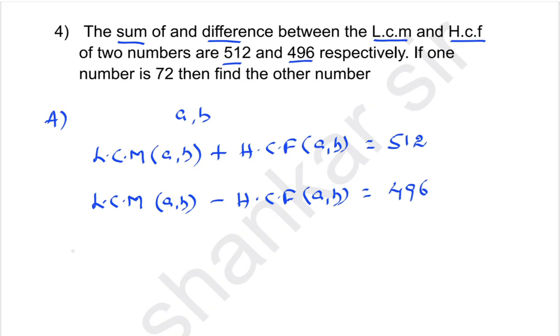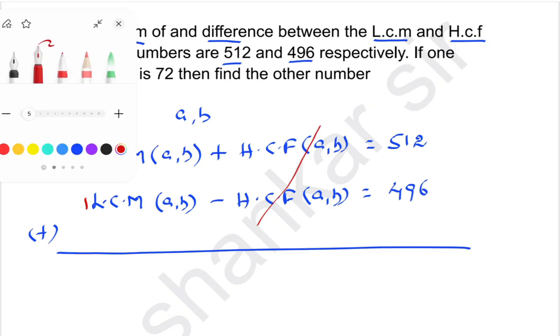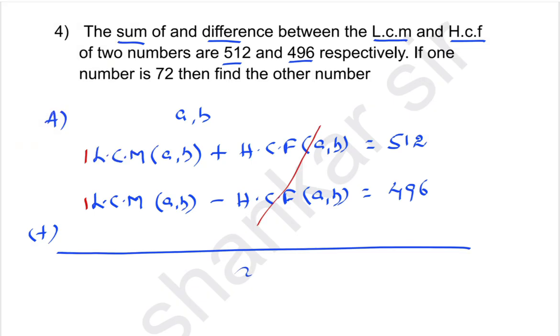So two numbers ఇచ్చాడు, ఆ రెండు నంబర్ల యొక్క LCM అండ్ HCF యాడ్ చేస్తే 512, డిఫరెన్స్ చేస్తే 496. So on solving, simply we can add. By pair of linear equations, on addition these two get cancelled. So 1 LCM plus 1 LCM will become 2 LCM. 2 into LCM of a, b is equal to 1008.